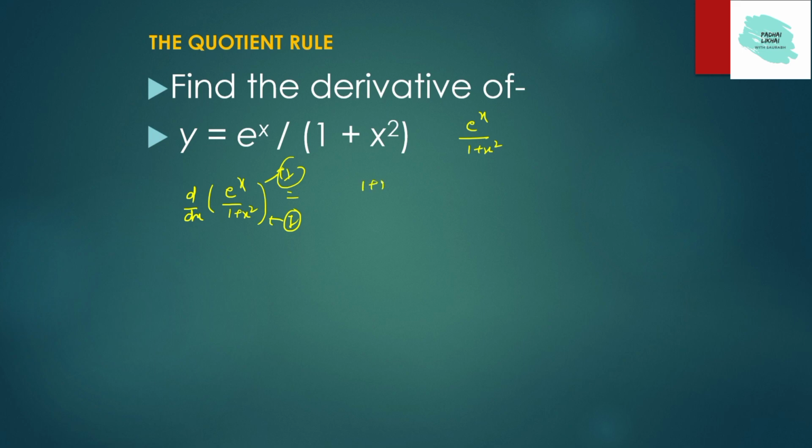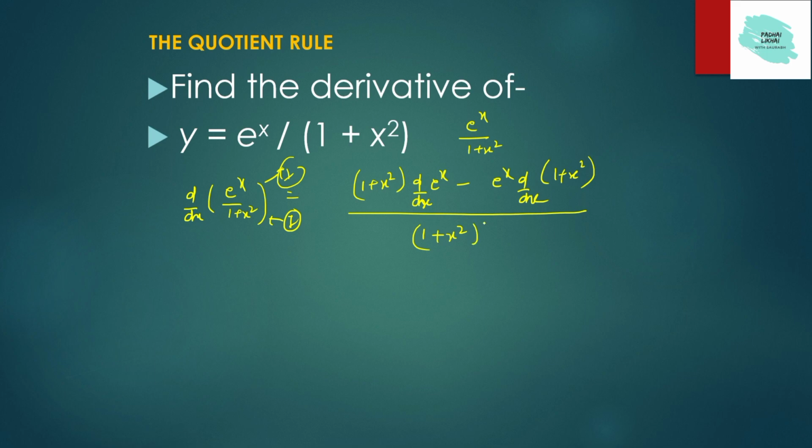So first function, differentiation of e to the power x, minus second function, differentiation of 1 plus x square, whole upon 1 plus x square whole square. Okay, so it will give 1 plus x square times e to the power x, minus e to the power x. Differentiation of 1 will be 0. Differentiation of x square will be 2x, whole upon 1 plus x square whole square.